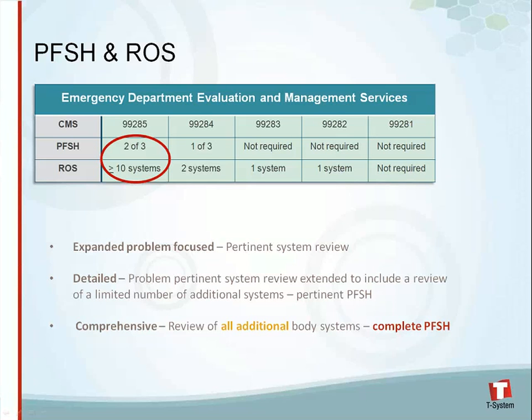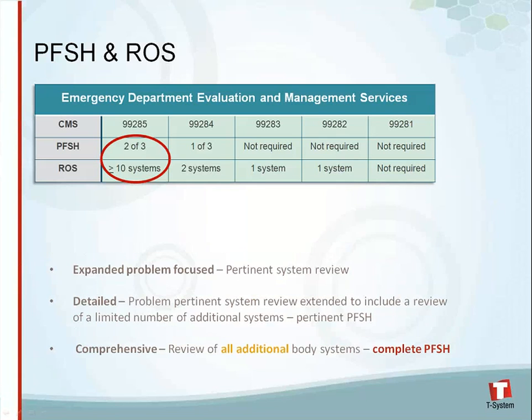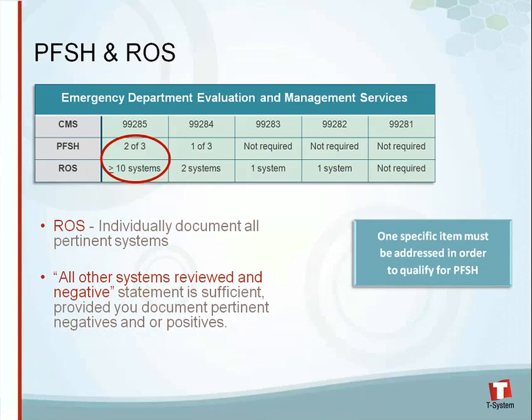For your review of systems, you can see it in this table here. It's quantified for CMS. It's not as quantified for CPT except when we come to that comprehensive. The other thing with your review of systems is it's important to individually document all of your pertinent systems. This is where CMS also lessens the burden of your documentation of review of systems. There are carriers, the 95 guidelines, and then different carriers that will accept the all other systems reviewed and negative statement.